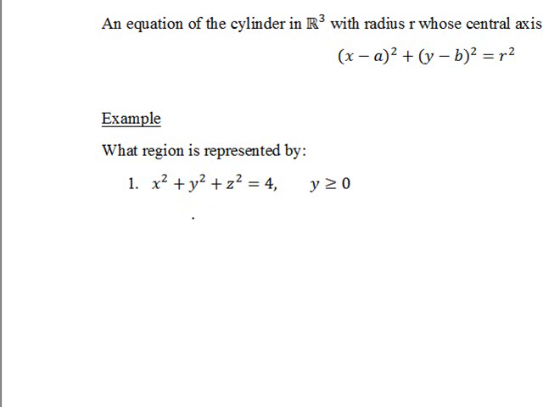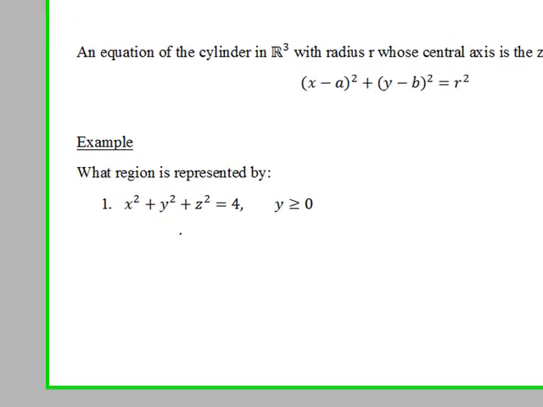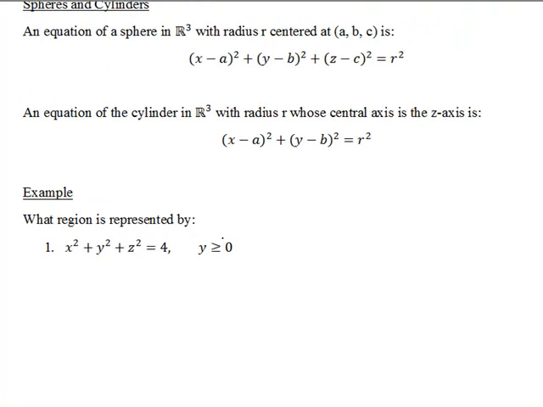Sphere, radius 2. Very good. Centered at the origin, right? But what is this y greater than or equal to 0 saying? Let me just draw the axes. This is y, x, z.